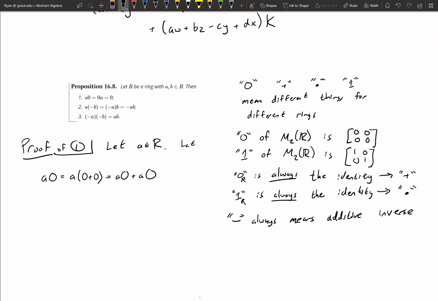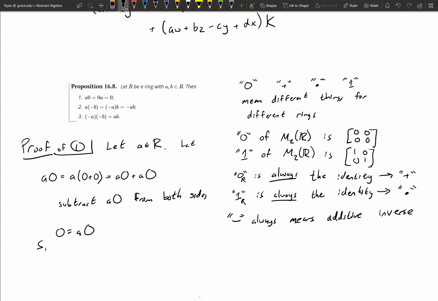Subtract A0 from both sides. And you get 0 equals A0. Then you just do it for the other side.